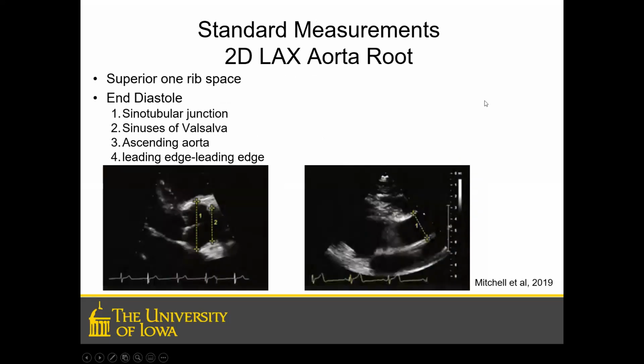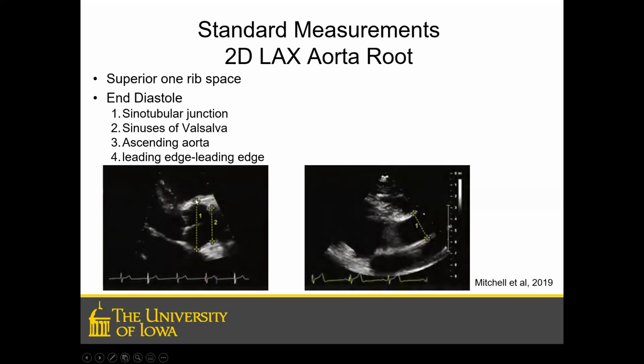Now, the other standard measurements from the parasternal long axis include the aortic root. In order to see the ascending aorta better, and sometimes just to see the sinotubular junction, we move up one rib space from where the standard parasternal long was. The measurements of the aortic root are done in end diastole.